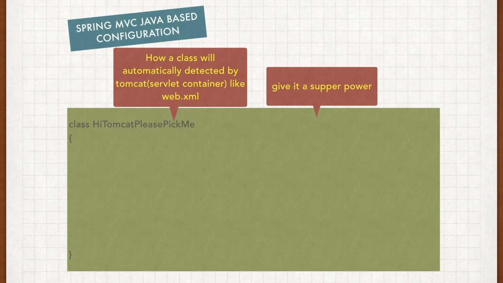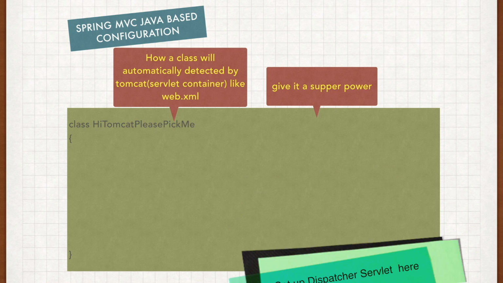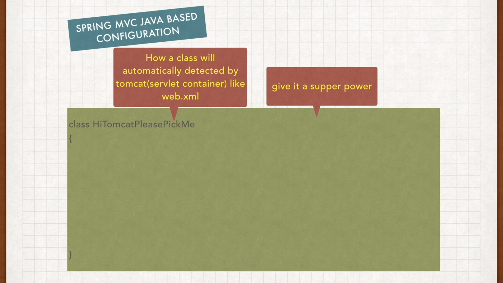So without giving this class a superpower, if I am going to sit here and cry for the next 24 hours that, hey Tomcat, please pick my class, then Tomcat is never going to listen to me, right? So to make Tomcat pick this class automatically, we need to give it a superpower, that is by implementing an interface called WebApplicationInitializer.